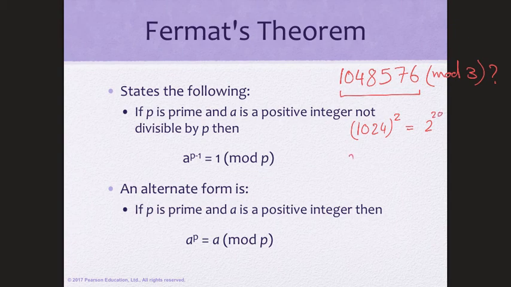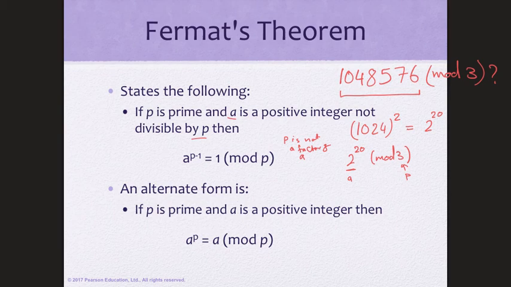Now, if I want to calculate 2 to the power 20 mod 3, here I have a number, consider this as A. I have a prime, consider this P. I notice that P does not divide A, so it is not a factor of A. That's exactly what's required here in Fermat's theorem.